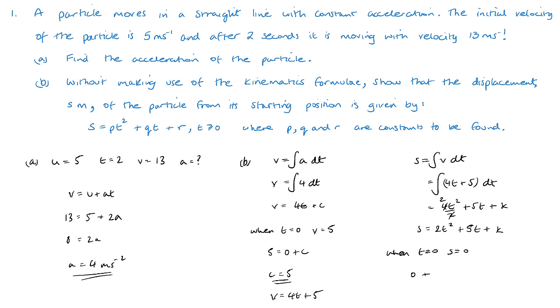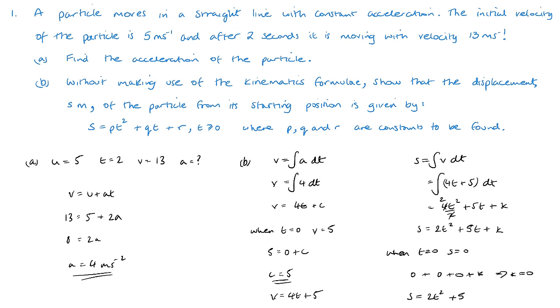So you get 0 plus 0 plus 0 plus k. So k is therefore going to be 0. So s equals 2t squared plus 5t.